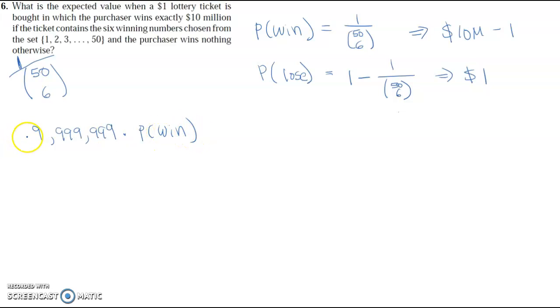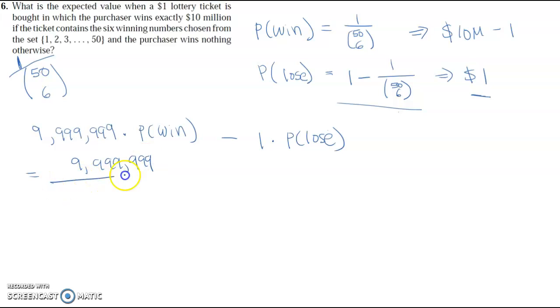Now we're trying to calculate the expected value. Minus $1 times this, so $1 times the probability of losing. So this would be, count again, so that's going to be 9,999,999 over 50 choose 6, since that was the probability of winning.